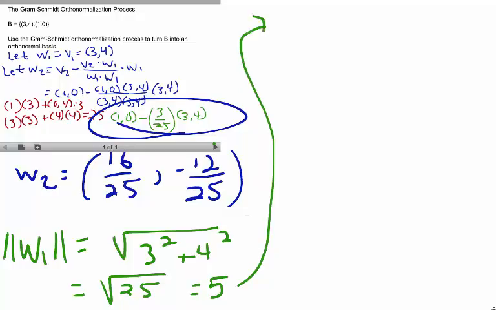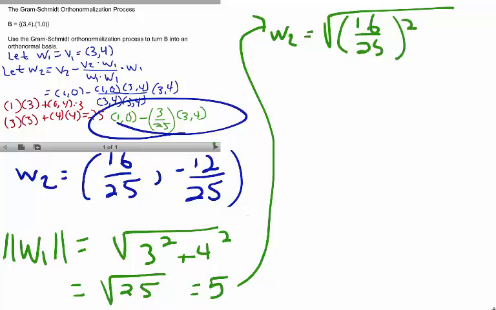Then we normalize W sub 2. So we have the magnitude of W sub 2 is equal to the square root of 16 25ths squared plus negative 12 25ths squared.